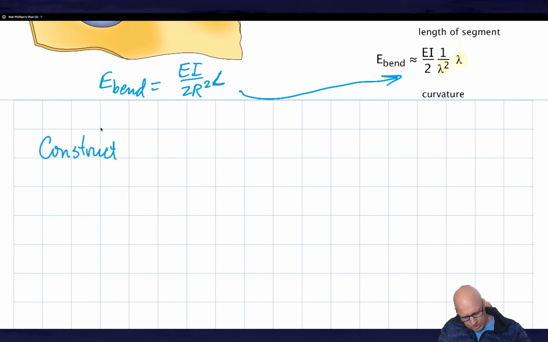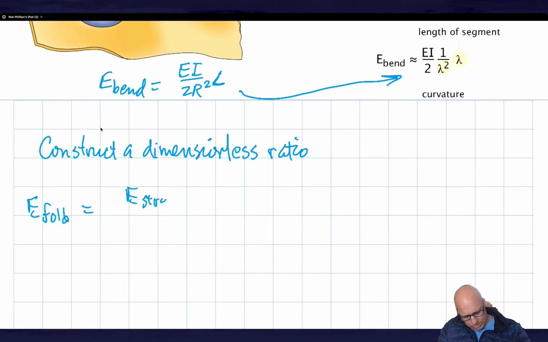And so I want to construct a dimensionless ratio. Maybe I'll call that E fold. It's dimensionless, and that's going to be given by E stretched sheet divided by E bent tube.